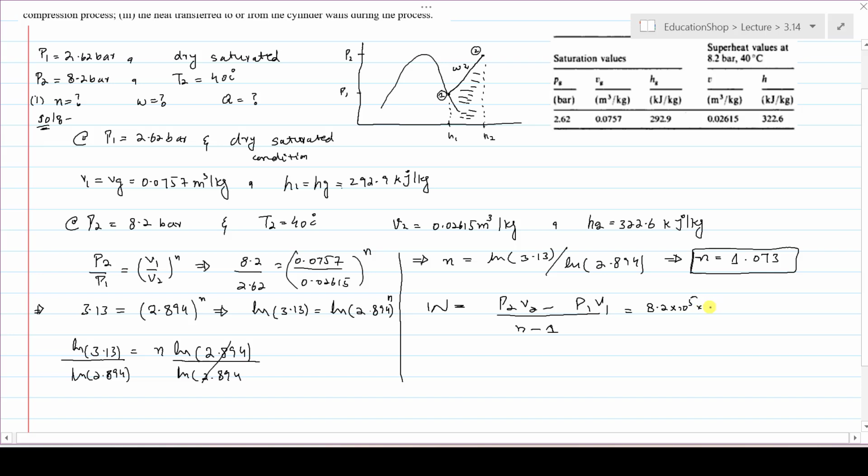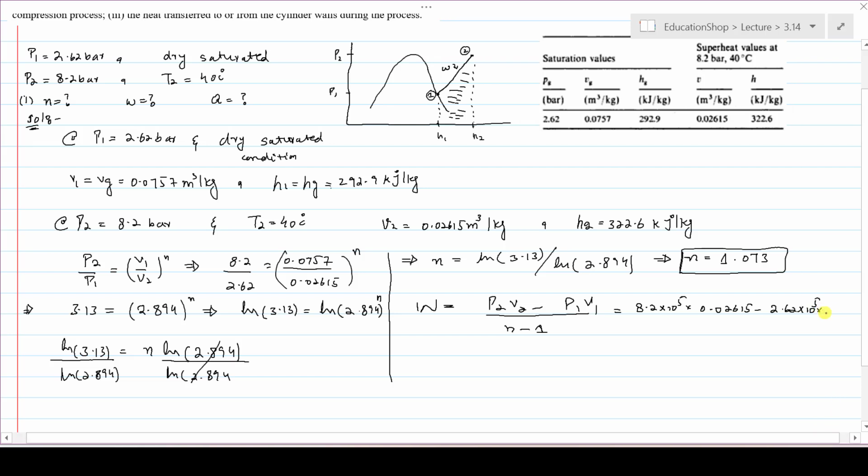V2 value is 0.02615 minus 2.62 multiplied by 10 to the power 5 multiplied by V1 value, that is 0.0757, divided by n minus 1. What is n? That is 1.073 minus 1. After solving this on the calculator, you will get the work input value, that is 21,929 joule. Divide by 1000 to convert into kilojoule, and it will give you 21.93 kilojoule.